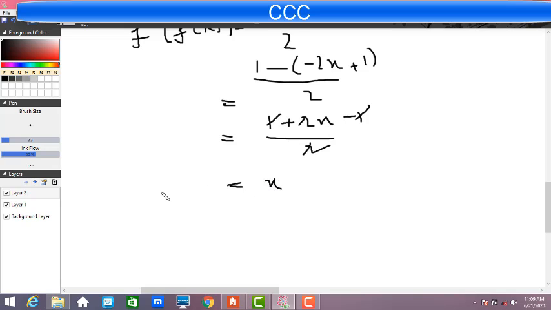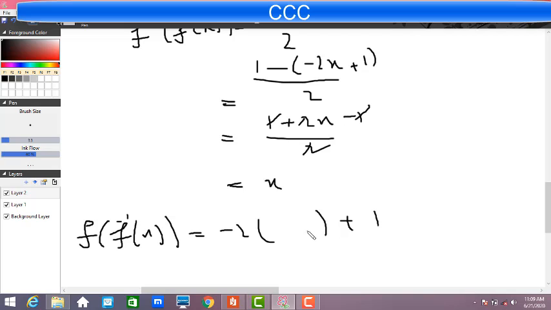And if the value is f of f inverse of x, it means the basic function is f of x, and we have to replace the value of the inverse function, and the inverse function is 1 minus x divided by 2.